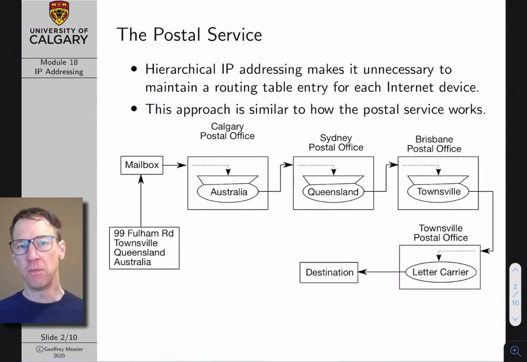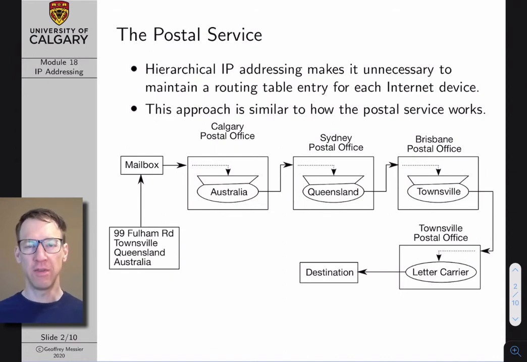Part of the answer is routing tables that we talked about in the previous module, where all of the routers have these tables that they maintain. When they receive a packet, they look at the destination address in that packet, look that address up in their routing table and say, aha, I have to send this packet along my third network interface, for example.